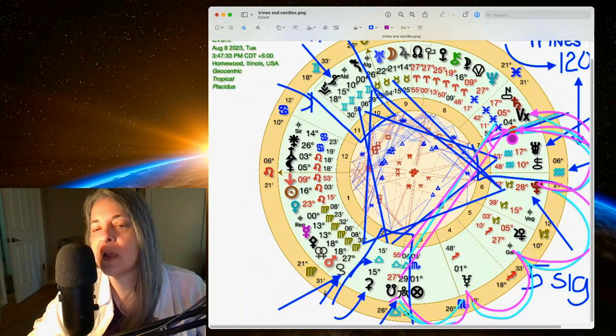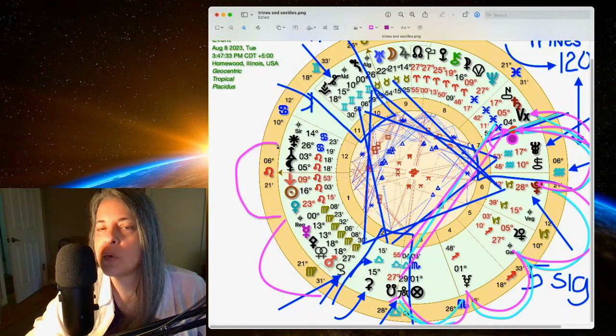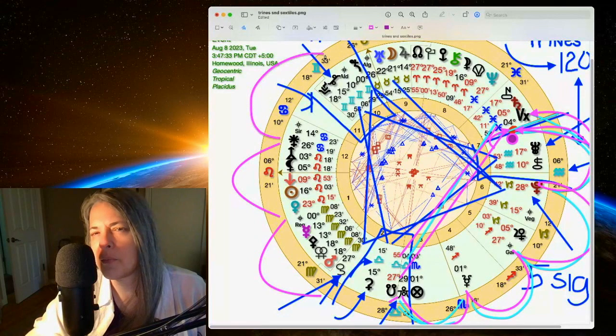So we're starting at Persephone with 1. Let me change the color up. We'll go pink. We'll start here, so this is 1, starting at Persephone. We go to the next sign, 27 degrees of Leo, because we're going backwards. So 1, 2, 3.